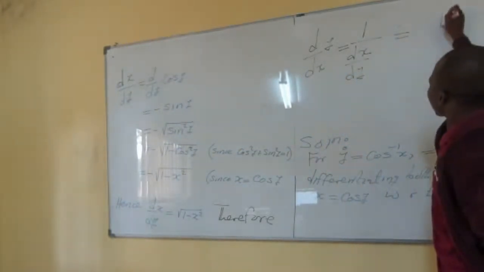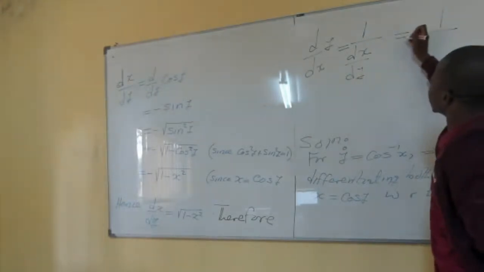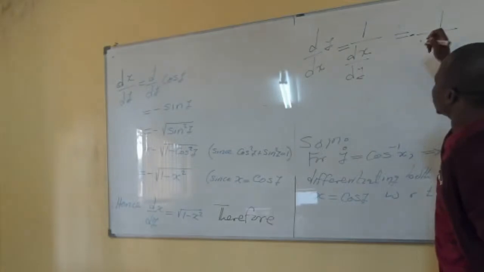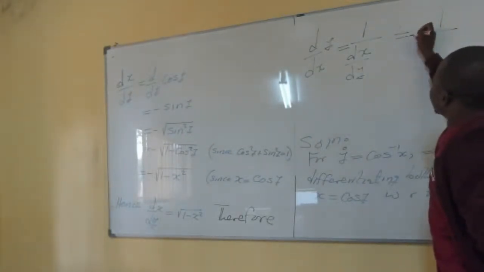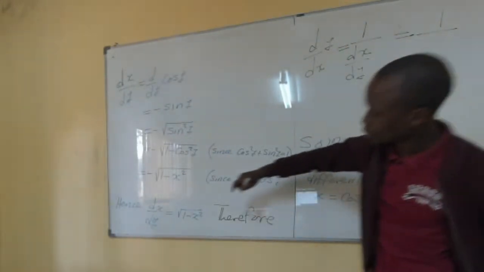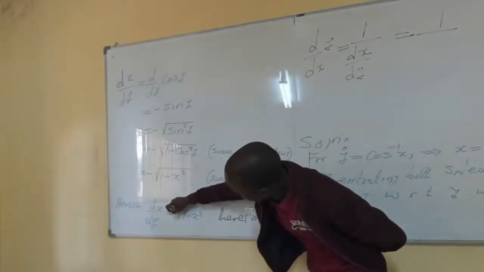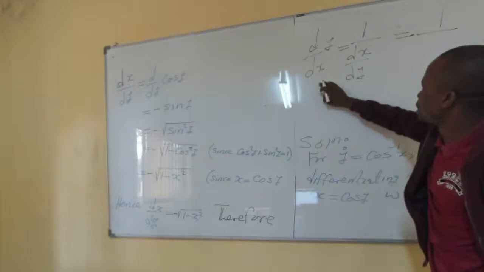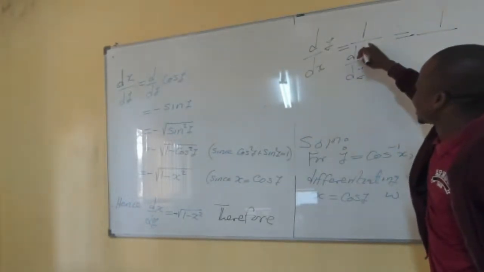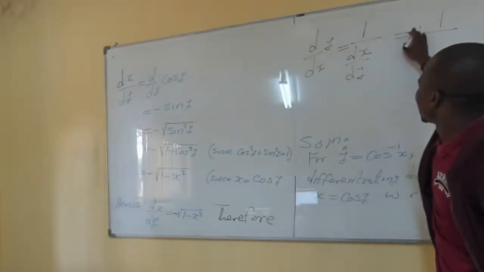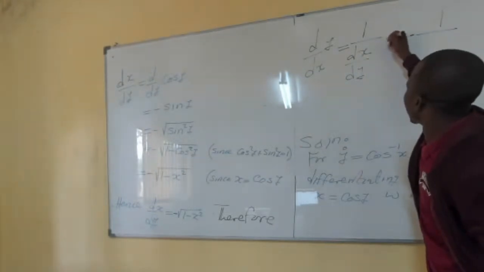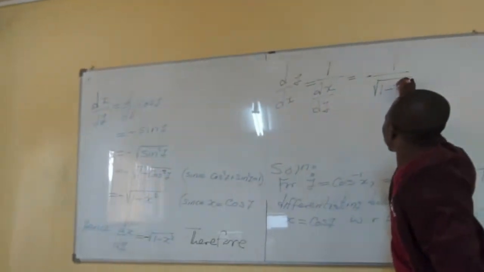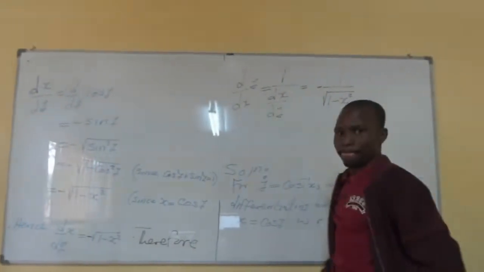Remember, there is a negative here. But the derivative of x with respect to y is the negative of the square root of 1 minus x squared.